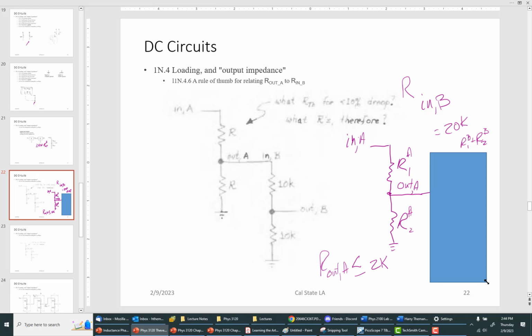And so V out over V in for A is equal to R2A over R1 plus R2. We also know that the R Thevenin equals R1A added in parallel to R2A.